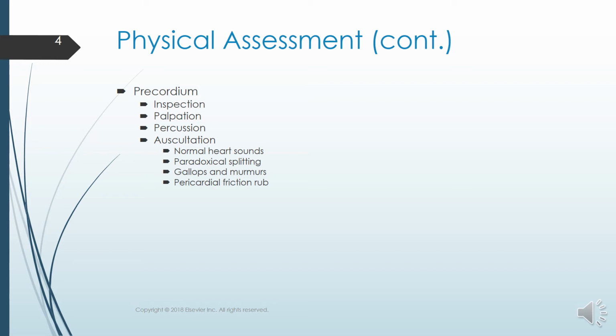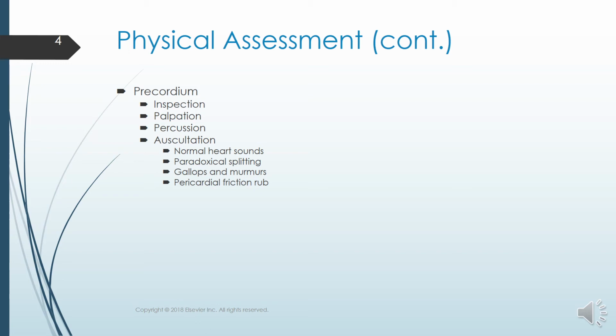The S2 is the dub portion, and that's going to be when you hear the aortic and pulmonic valves, those semilunar valves, closing. You've already seen some of that in the videos that you've watched, and we're going to have another one here in just a second about normal heart sounds, okay?